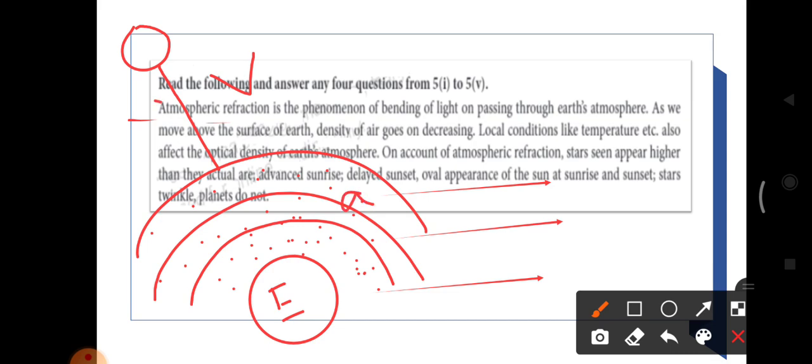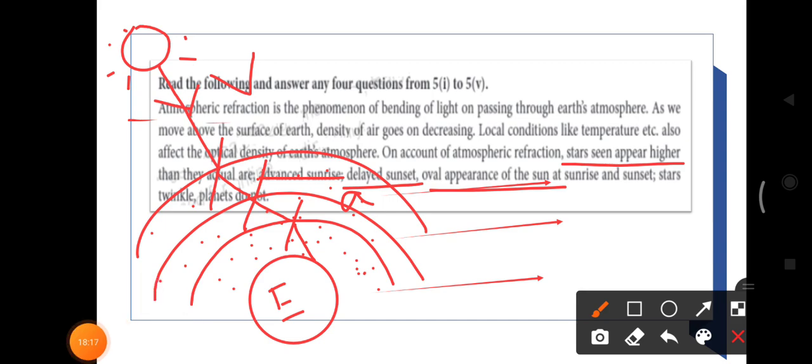So, when the light travels from one medium to another medium, it undergoes refraction. Due to that refraction, the star seen appears higher than it actually is. Advanced sunrise, delayed sunset, oval appearance of the sun at sunrise and sunset. When we go up, the density of the layer is decreasing.